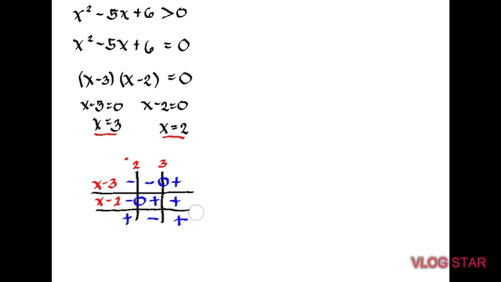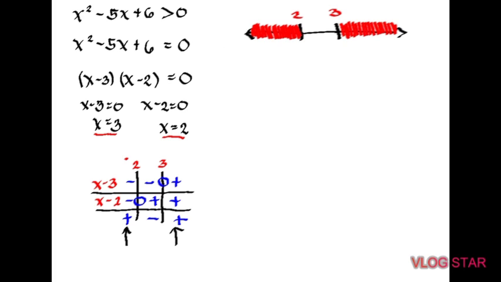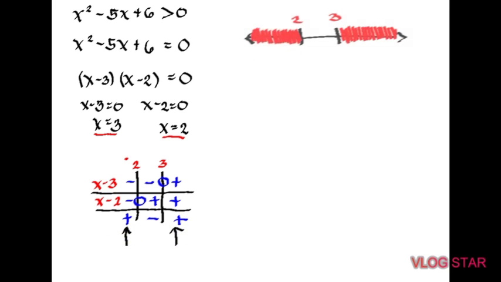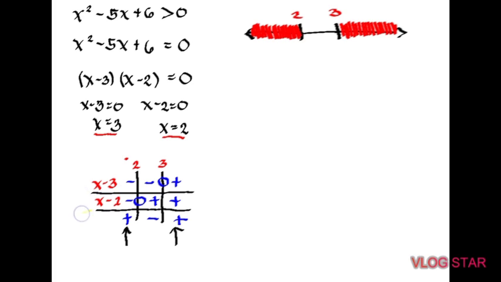So this one and this one. Alright. So we will be taking the numbers on the left of 2 on the number line. So if this is the number line, and here are 2 and 3, as you can see in this illustration, positive is written on the left side of 2.